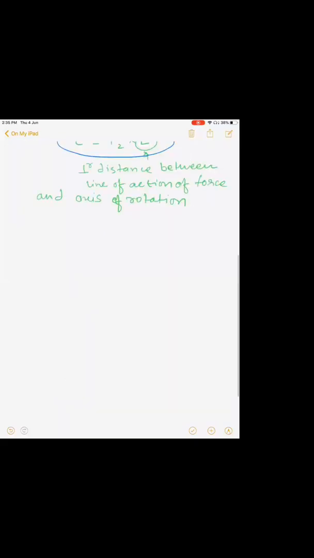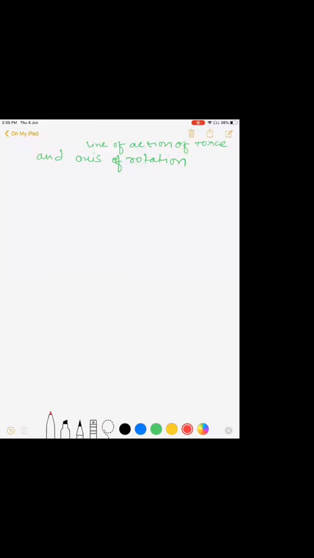Let's try to understand it here. What is sine theta doing here? This diagram will explain. Again, assume this is a rod. It is hinged, it is free to rotate about this point, and suppose an external force is acting on the rod like this.